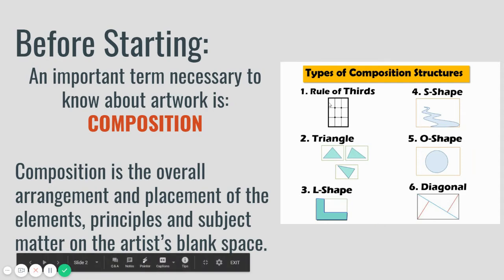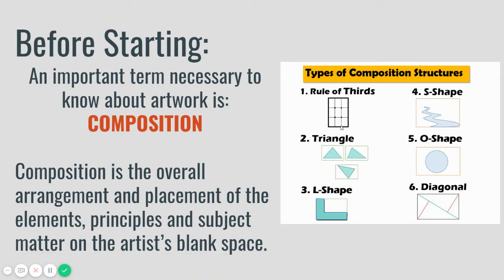We have our rule of thirds, where it's broken up into areas. You have triangular compositions. These triangular compositions are also called formal compositions, which we will see a lot of when we get into Renaissance art.